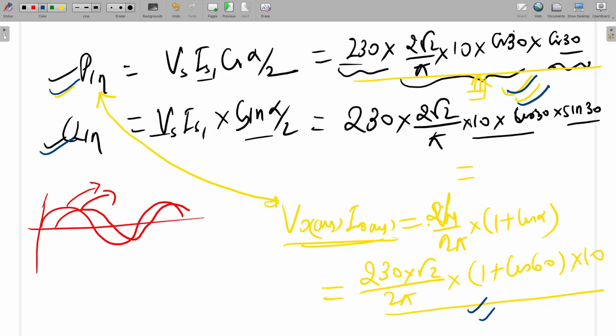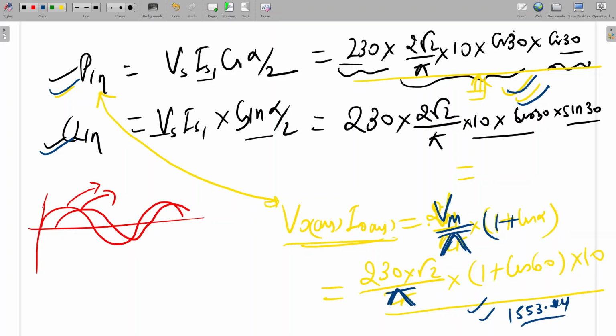No, some mistake is there. Here 2 pi will not be there, here pi will be there. Vm upon pi. V naught average will be Vm upon pi into 1 plus cos alpha. Already we have derived this. Same, sir, 1553. So 1553.04.